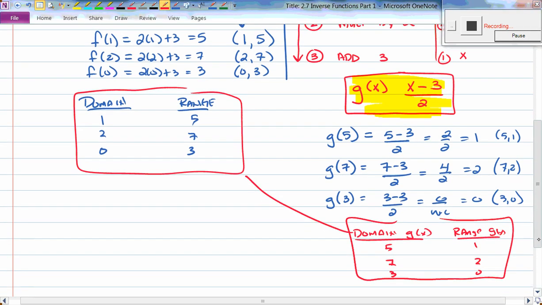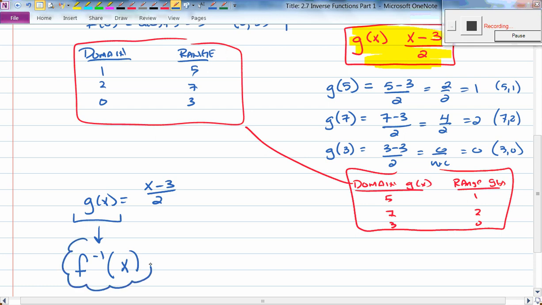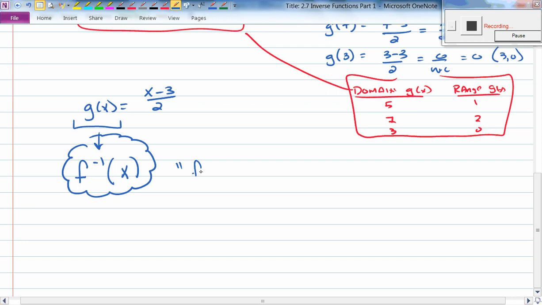So you should have noticed that the domain of f of x is the range of g of x, and the range of f of x is the domain of g of x. So, you guys, we call g of x, which is equal to x minus 3 over 2, by a very special name, and it's called f inverse of x. Okay? And the way that we say that is f inverse of x.